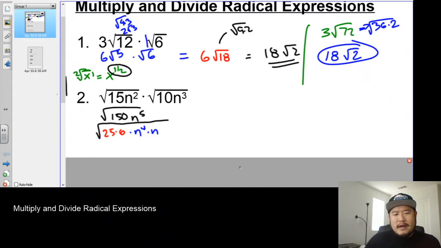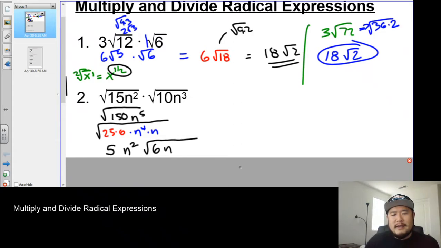So let's simplify this all the way out. The square root of 25 is 5, so that's going on the outside. The square root of 6, can't do it, so that's going to stay on the inside. Now we take a look at n to the fourth. If I take the square root of n to the fourth, you take the power and divide it by 2, so 4 divided by 2 is 2, and we now have n to the second.